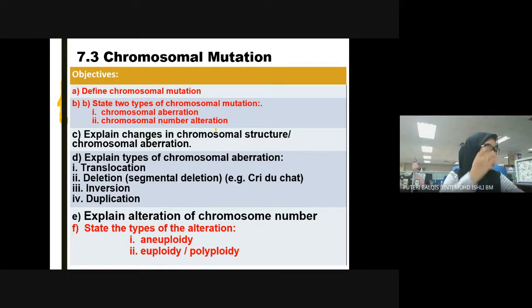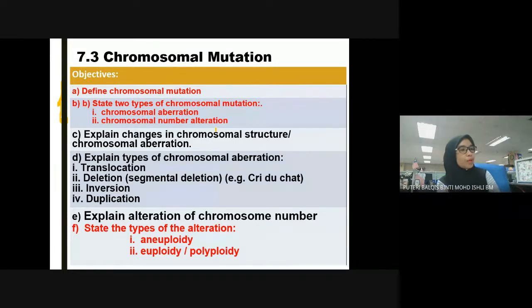Okay, Sakinah tanya soalan. Maintain protein sintesis sentiasa berlaku, tapi macam mana dia boleh terus sakit? Macam mana?